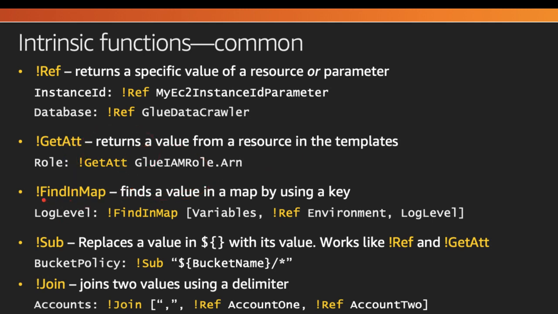FindInMap is mainly used to get the value from the mapping section. Sub is a short form of substitute, so it's basically used to replace certain values within your templates. It could be a reference or a GetAtt.